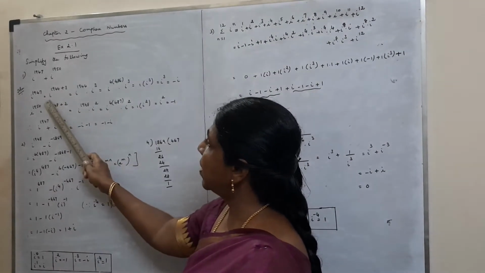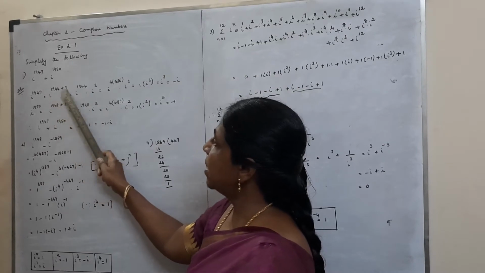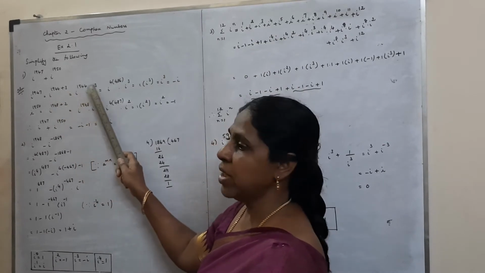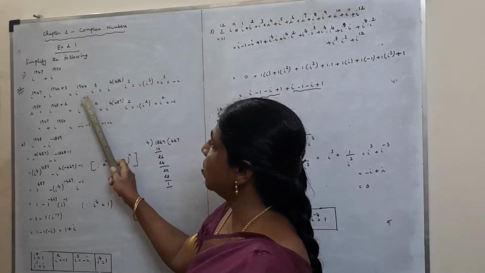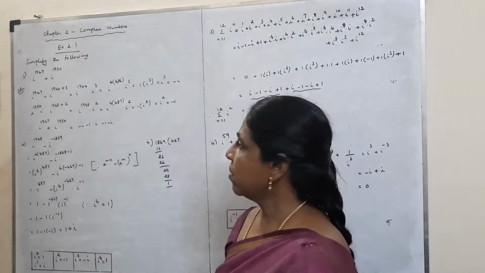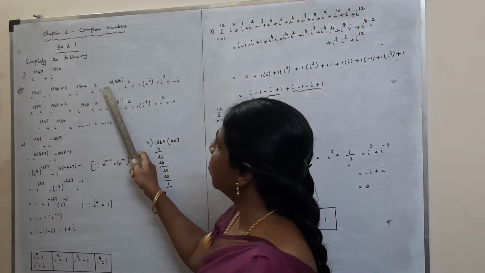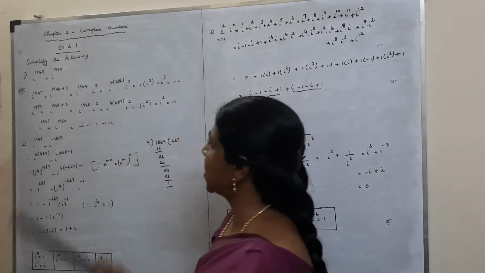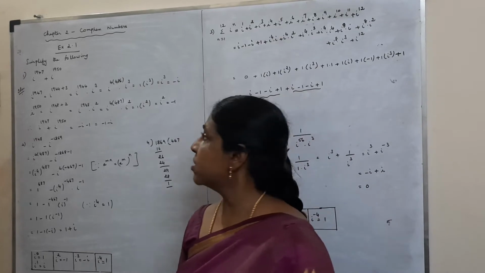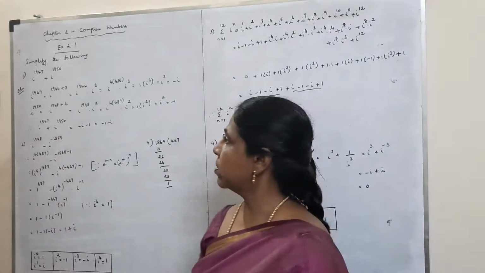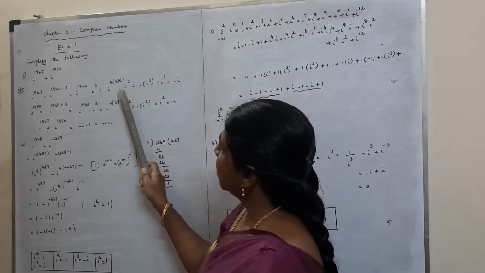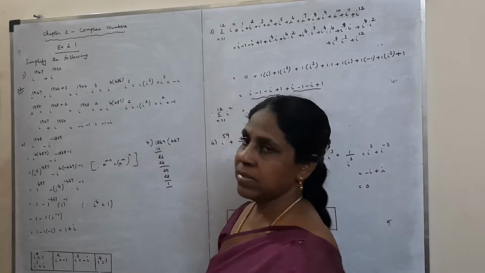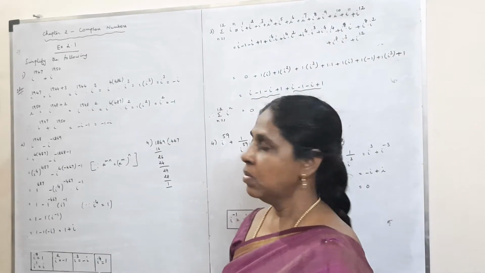And a^(m+n) is equal to a^m into a^n. So we are splitting it as i^1944 into i^3. And 1944 is 4 into 486, so it is i^(4n), and you know i^(4n) is 1.